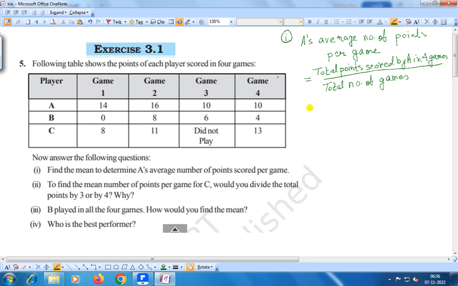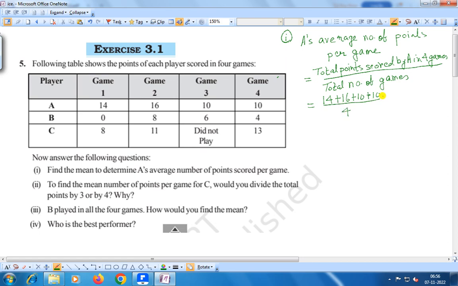Right? Therefore, if you add all the points, that is 14 plus 16 plus 10 plus 10, and the total number of games played is 4.